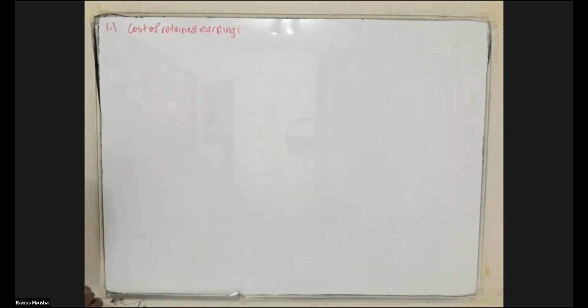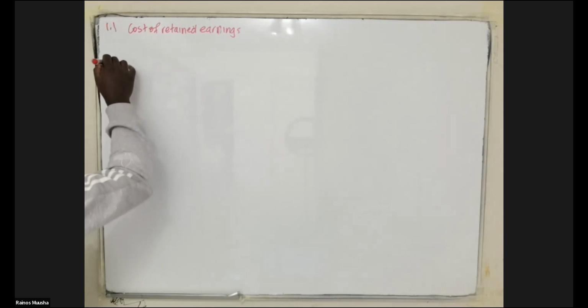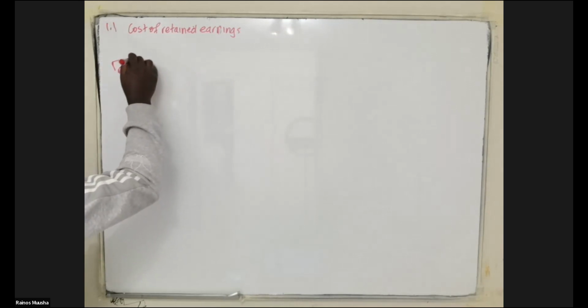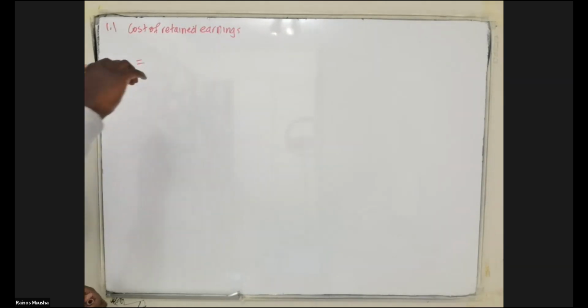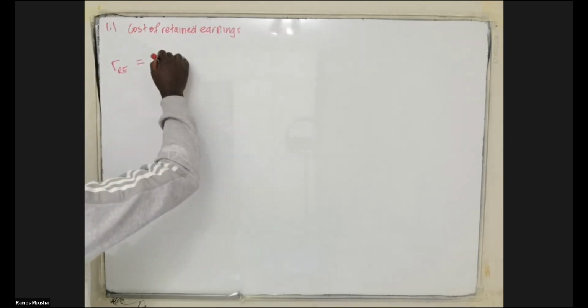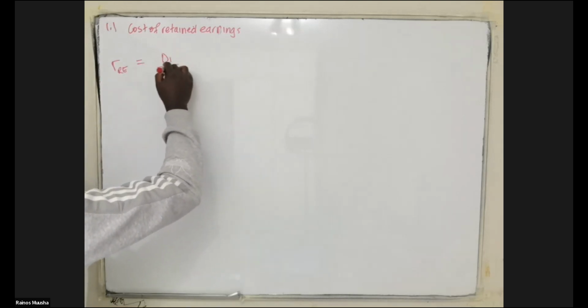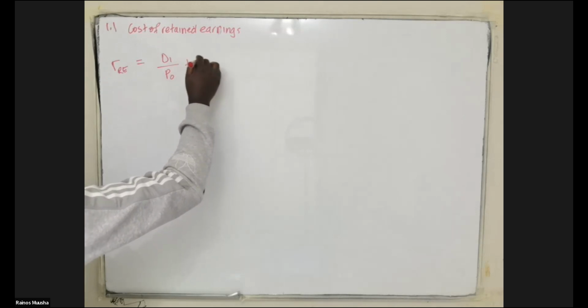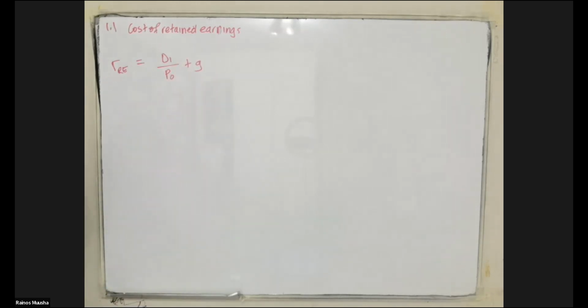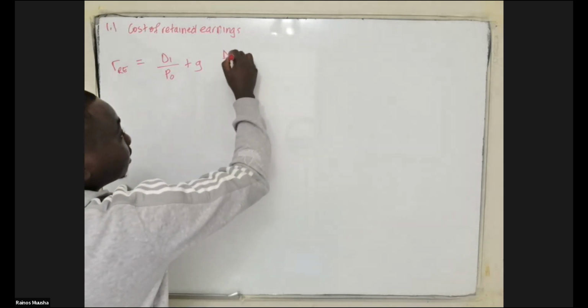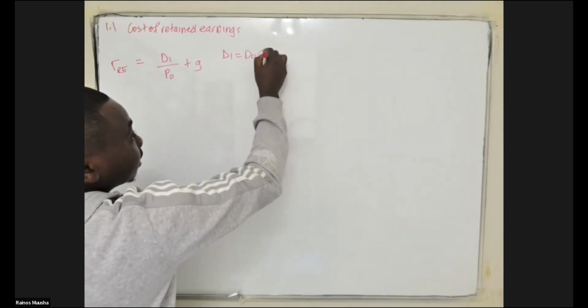The formula is that the cost of retained earnings is given as D1 over the price of the share plus the growth rate. D1 is given as D0 in brackets 1 plus the growth rate.